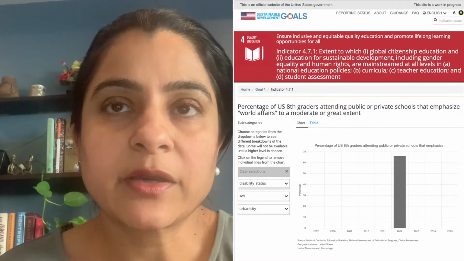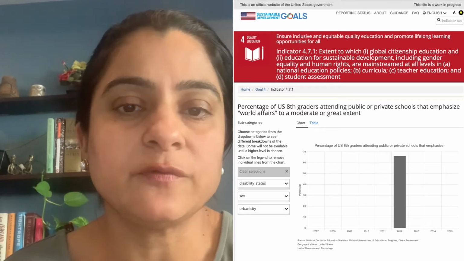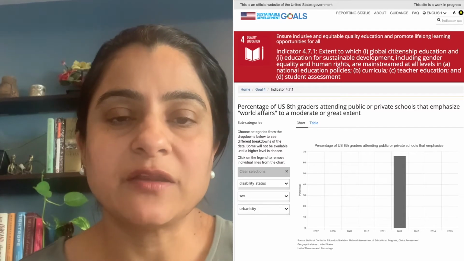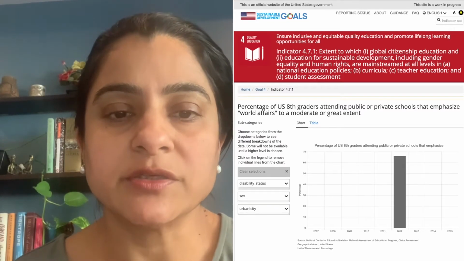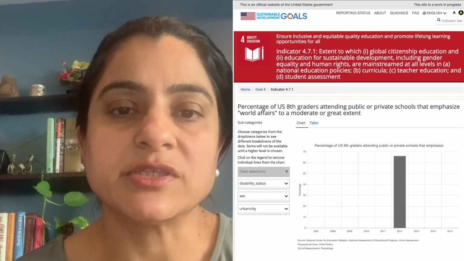So now, going back to how a country is actually measuring target 4.7, it varies. The indicators and the goals themselves are so wide that it gives a lot of scope for the countries to adapt them to their own education systems.